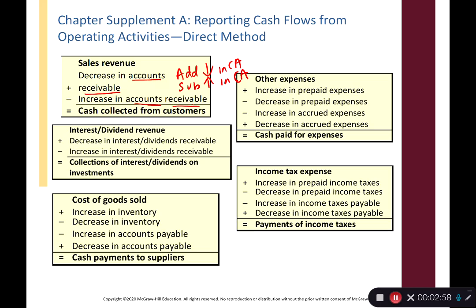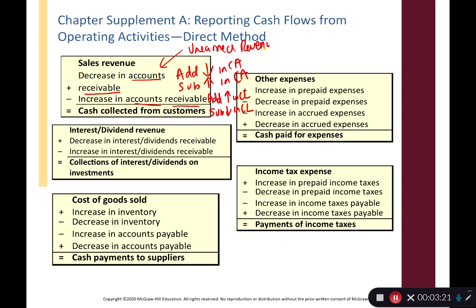In addition, there could be another account, a liability that relates to revenue, and that would be unearned revenue. If that were involved, we would do liabilities the same. We add increases in current liabilities and subtract decreases in current liabilities. So the only other related account here could be unearned revenue.